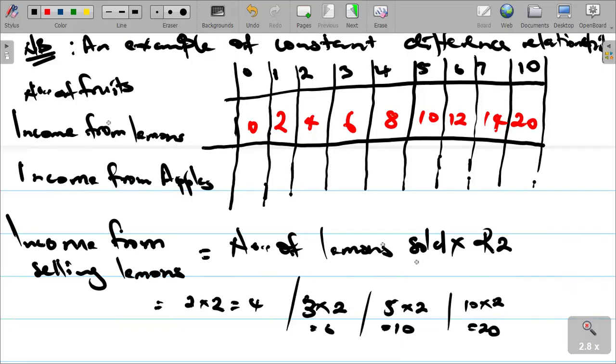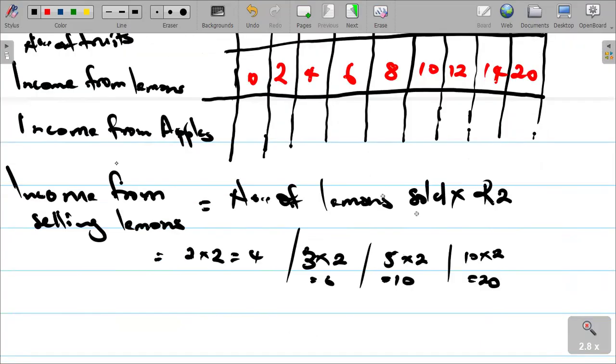And then we also want to calculate the income from apples. We get it the same way. Each apple costs 3 rand.